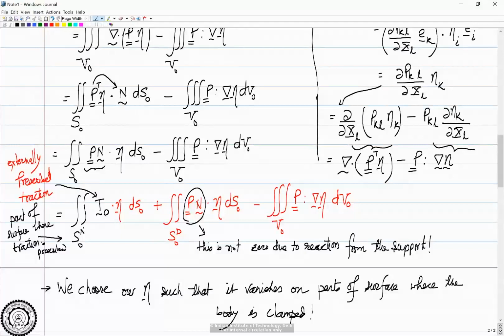But when you perturb it, the parts of the body where it is clamped will not be perturbed, right? So therefore eta has to vanish there, because eta is the perturbation or the displacement of the body from equilibrium. On those parts where the body is clamped, you cannot move the body, so eta must be 0. I hope it is clear to you.